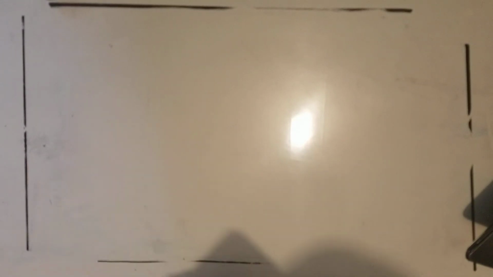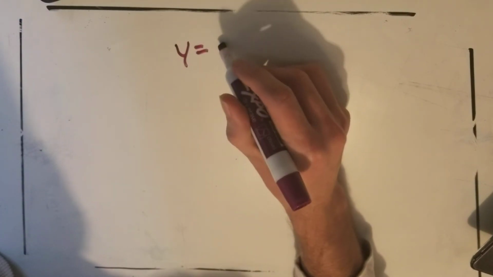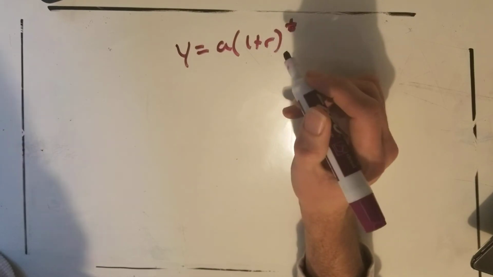We want to first construct an equation to find the total amount y of pennies after x weeks, and then how many pennies will he have after 15 weeks is going to be our goal. So if he's going to double every week, we should represent this as a(1 plus r) to the t. This should be a growth function.